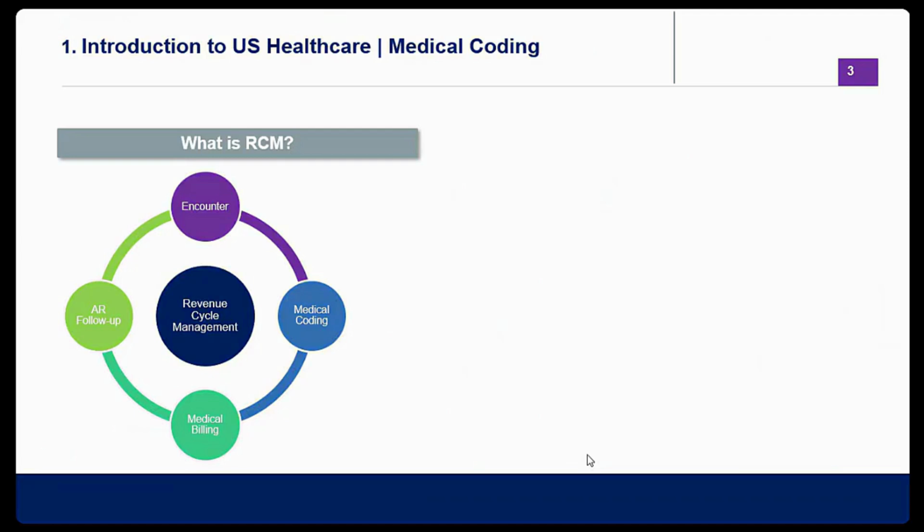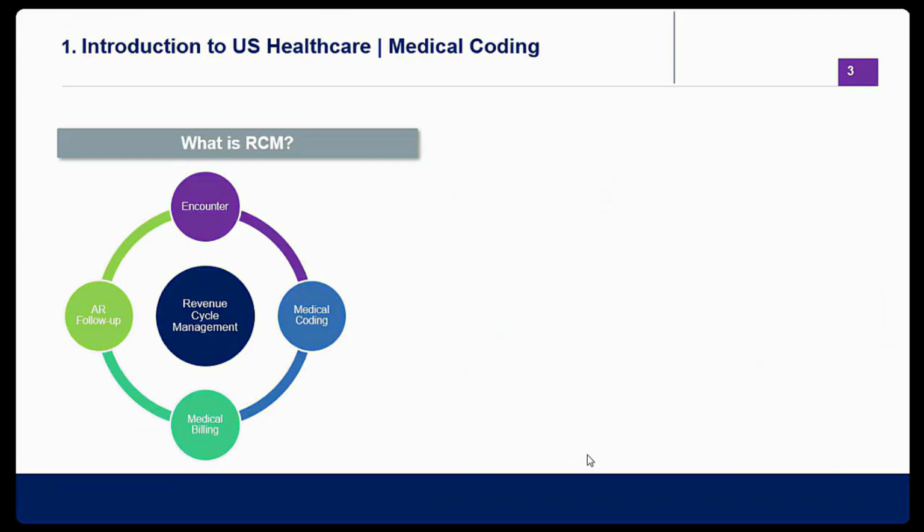The coder will analyze the claim and assign alphanumerical codes to it. After the alphanumerical codes are assigned, the claim goes to the billing section, where a biller will decode it and assign the amount according to the code. The amount is decided according to the code which we are coding.